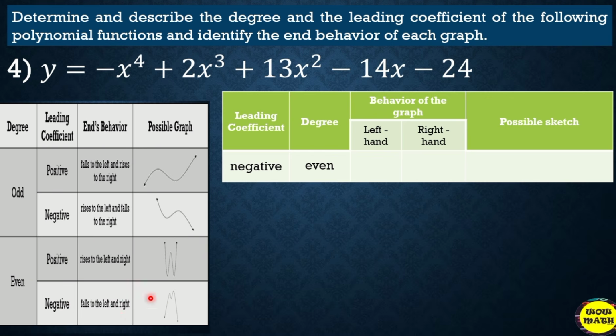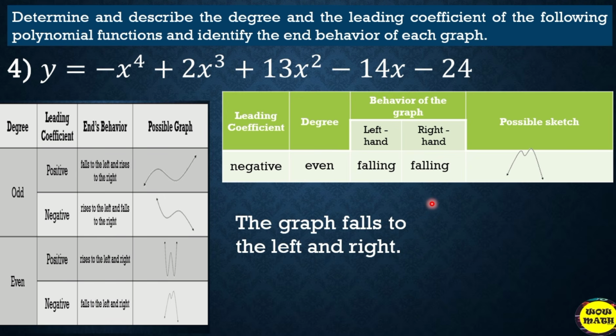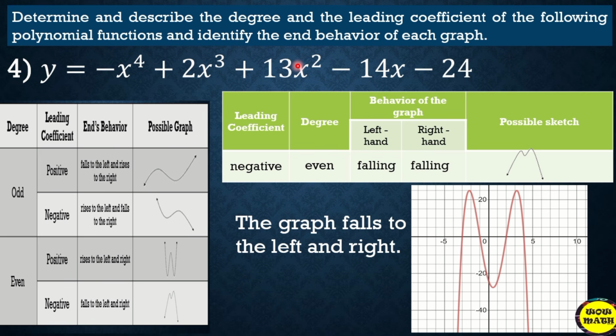So yung possible sketch ng graph ay ganito. So ibig sabihin sa left hand falling, sa right hand falling din, and this is the possible sketch of the graph. Therefore, the graph falls to the left and right. So kapag ginraph natin itong polynomial function natin, ito yung actual graph niya. So makikita natin na sa left side ng graph ay pababa, ganun din sa right side, pababa din.